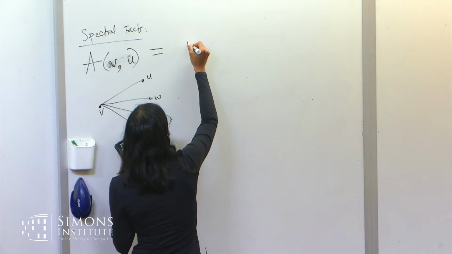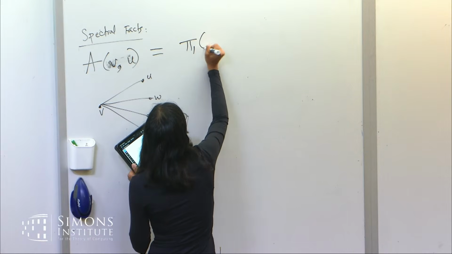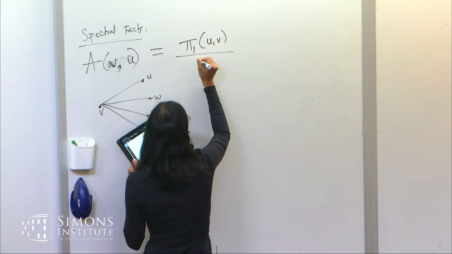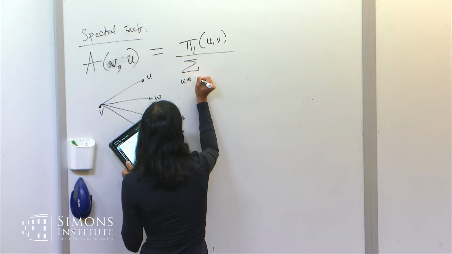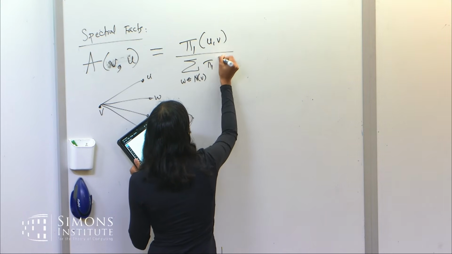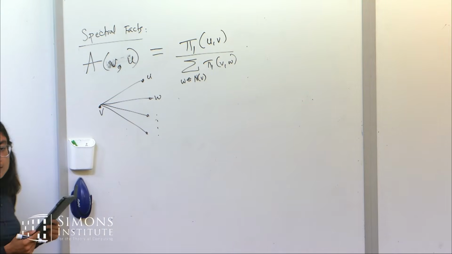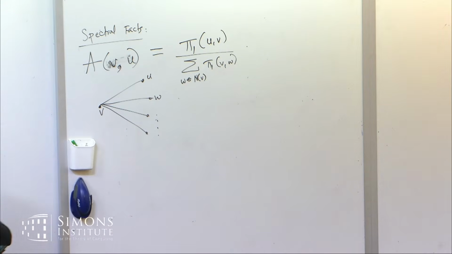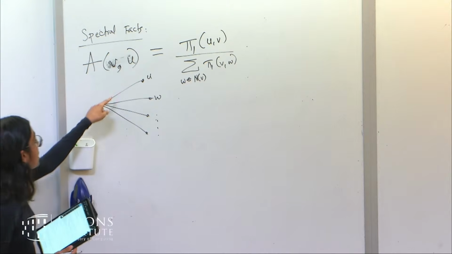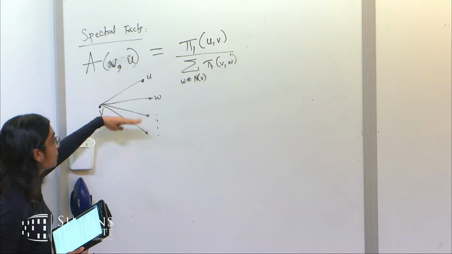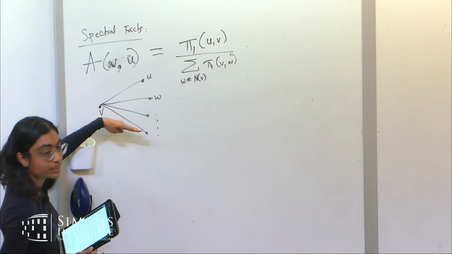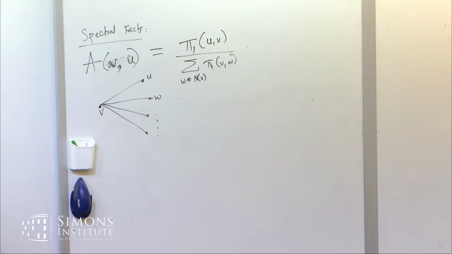So it's going to be pi 1 of UV divided by the sum over W in the neighbors of V of pi 1 of VW. And just note that when you have the uniform distribution over the edges of G, this will just be 1 over the degree of V, and also pi 0 will just be proportional to the degree of V.